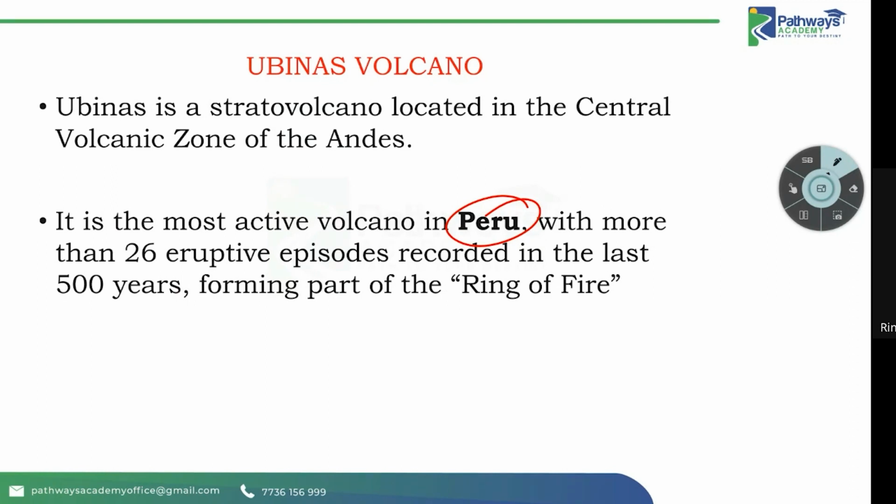It is dormant. It is also present in Andaman region. Last time when I saw some mock test, I saw a question like this: Barren Island is the only active volcano in Indian subcontinent. Is the statement right?